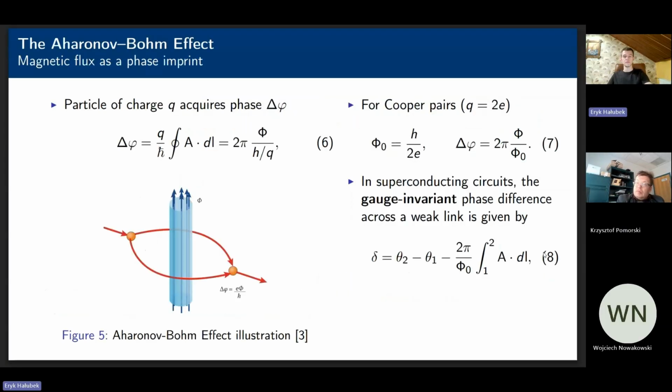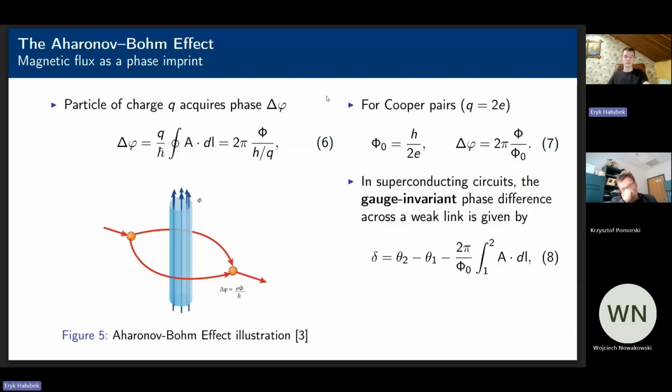So the Aharonov-Bohm effect is somehow related also to what we are doing in our lab, because these thermometers are a specific kind of structure that utilize this effect. And what is it all about?